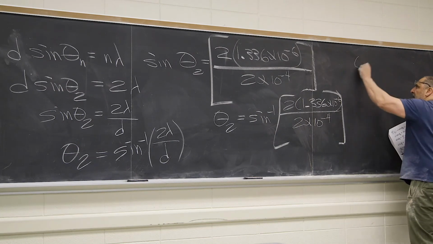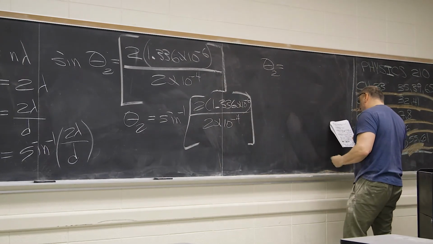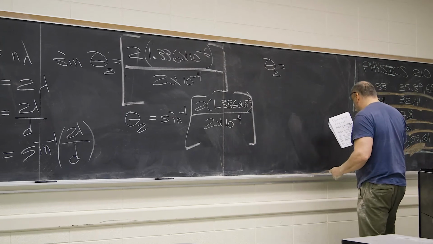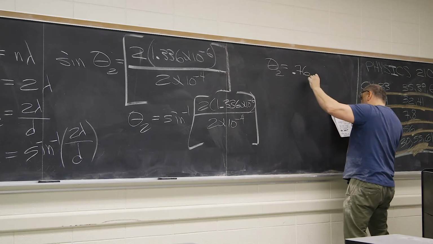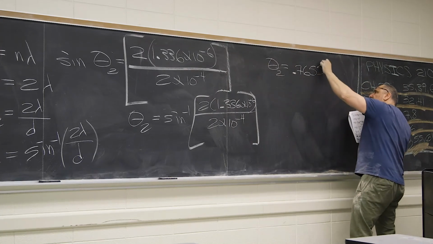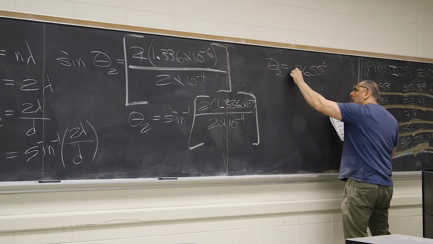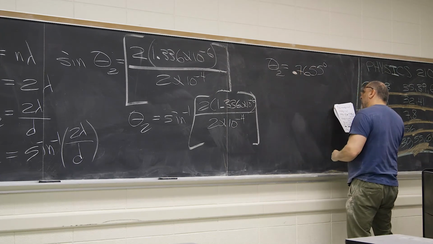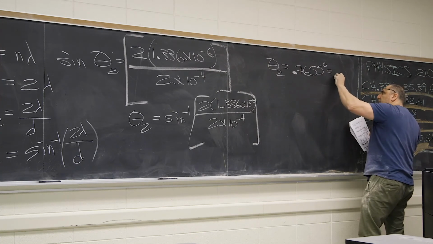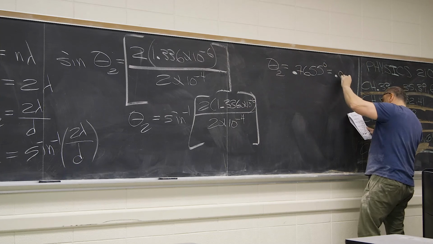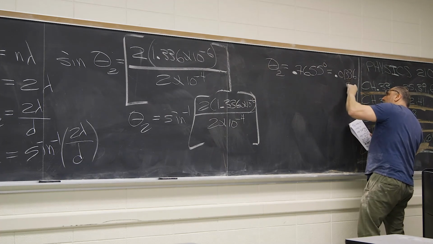It ain't much. It's twice as big an angle, roughly, as what we had before, but it still ain't much. 0.7655 degrees equals 0.01336 radians.